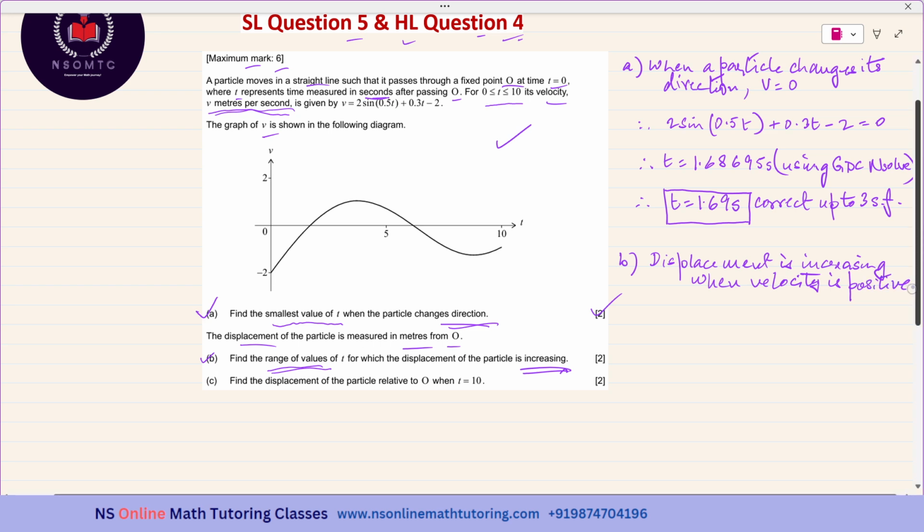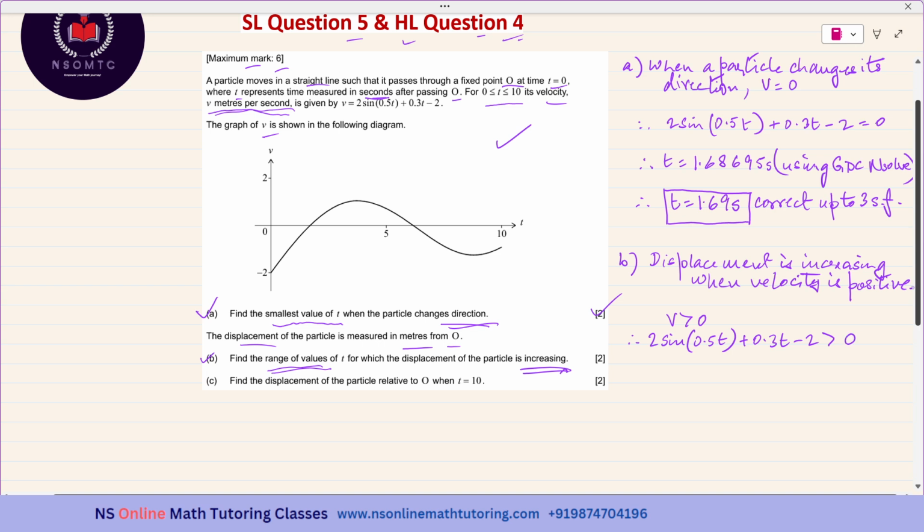That means v has to be greater than 0, so this expression should be greater than 0. Therefore, 2 sine 0.5t plus 0.3t minus 2 is greater than 0.